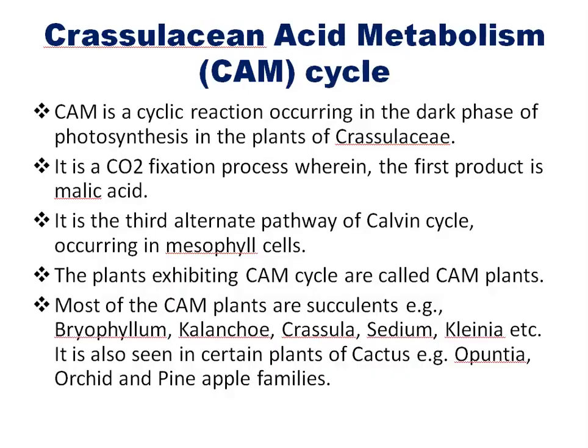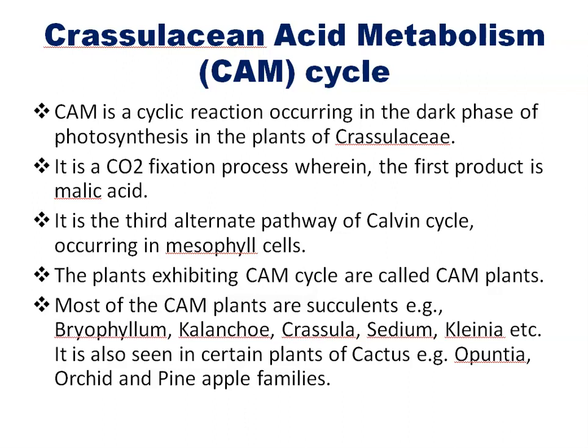Now, crassulacean acid metabolism, meaning the CAM pathway. CAM is a cyclic reaction occurring in the dark phase of photosynthesis in plants of the Crassulaceae family. Its first product is malic acid, and it occurs in the mesophyll cells. Plants exhibiting the CAM cycle are called CAM plants.